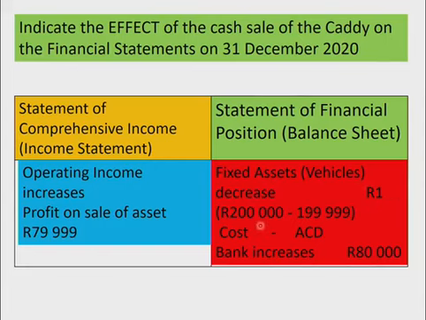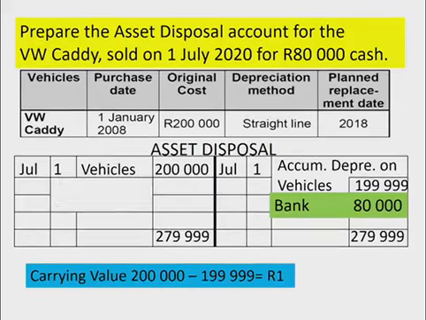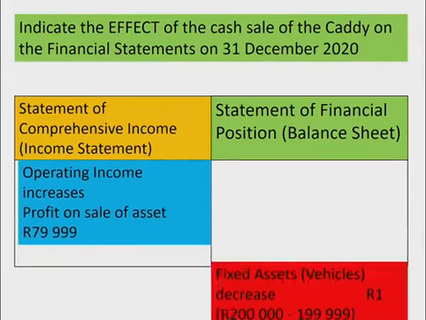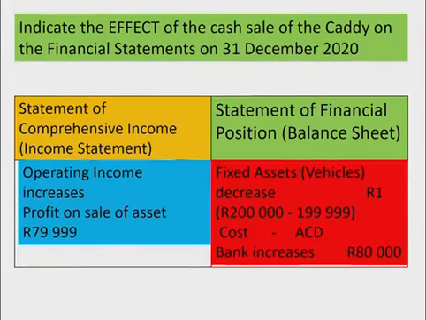and the 1 rand was 200,000 minus the 199,999, which was just on the previous slide. There we go. That was the carrying value. So that part, that will go here. Here we go. That is over there.